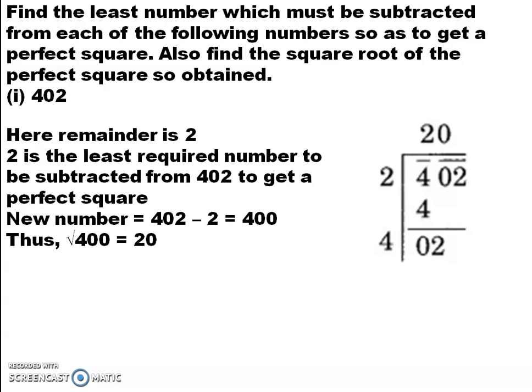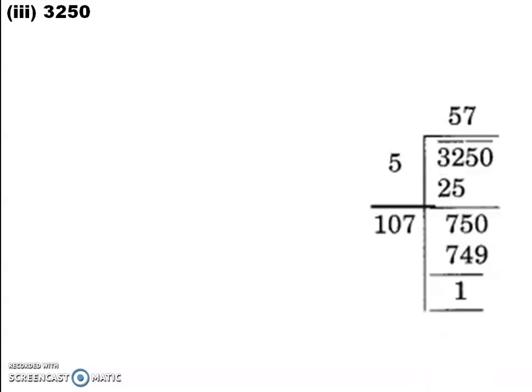One more example we'll see. The question is 3250. Children, can you tell me what is the first step? Yes, that is long division. Let's see what happens when we divide 3250.